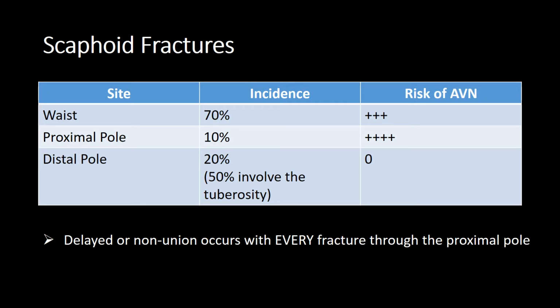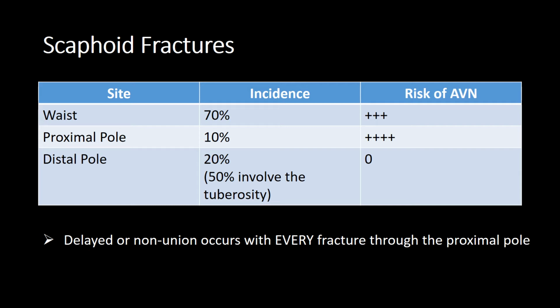Most scaphoids have a blood supply that enters distal to the base of the scaphoid. So this means that all fractures to the proximal pole will result in either delayed or non-union, and they have a really high risk for avascular necrosis. So avascular necrosis is when you have an increase in density, i.e. sclerosis of the fracture fragment.